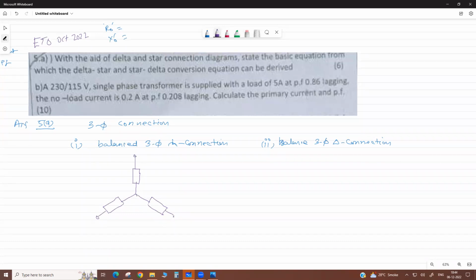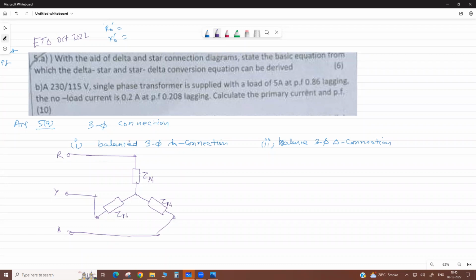Suppose this is your star connection, R, Y, B, each phase. This is the phase impedance, equal Z phase, per phase impedance Z.